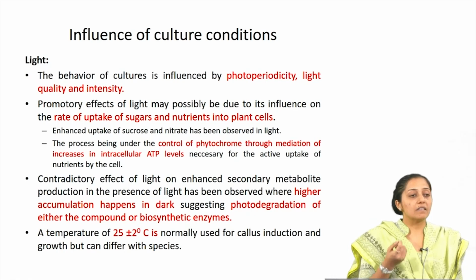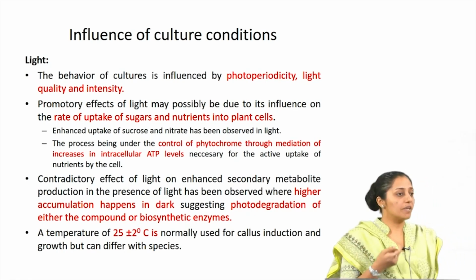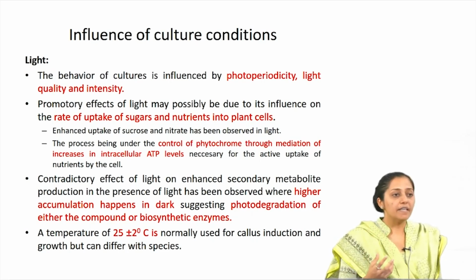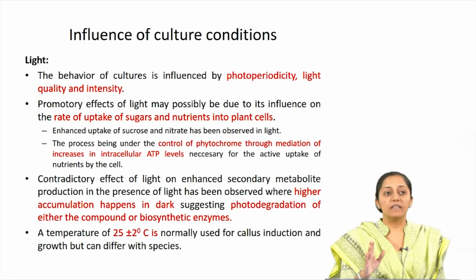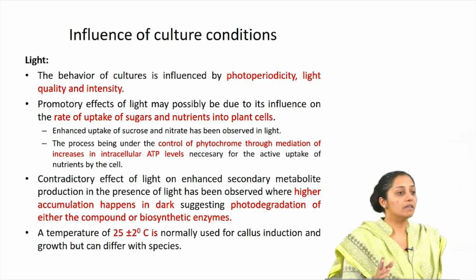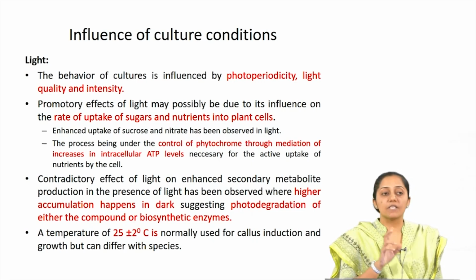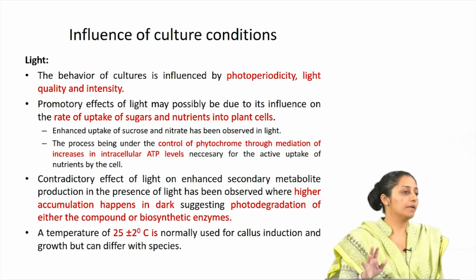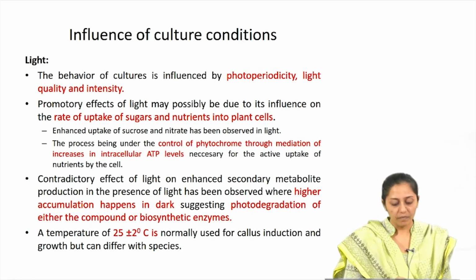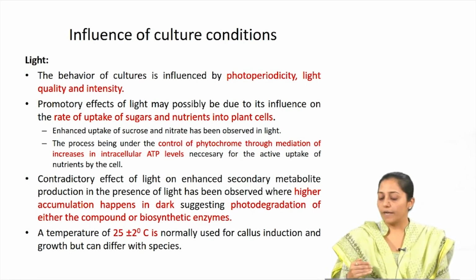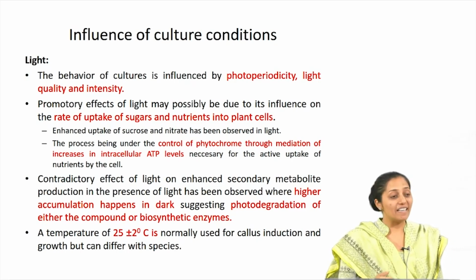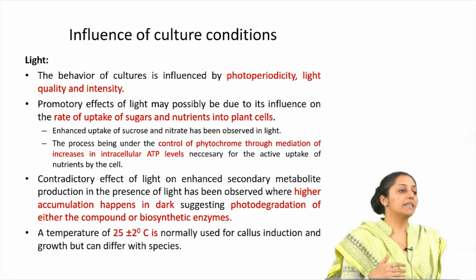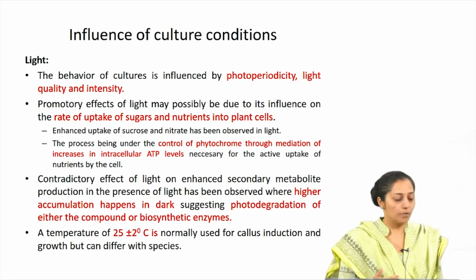Now, these are certain kinds of proteins, PR proteins, which are generated, which are impacted by the light, which in turn may help in the transcription of certain enzymes which may be responsible in the biosynthesis or induction of a particular secondary metabolite pathway. So, the process being under the control of phytochrome through mediation of increase in the intracellular level of ATP also, and if you see literature, they might be directly impacting the transcription process.